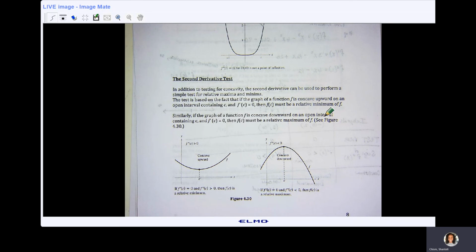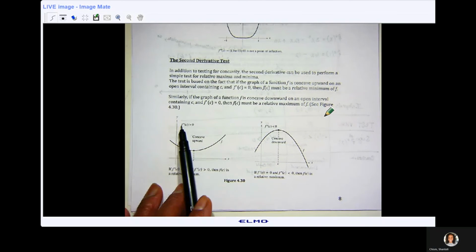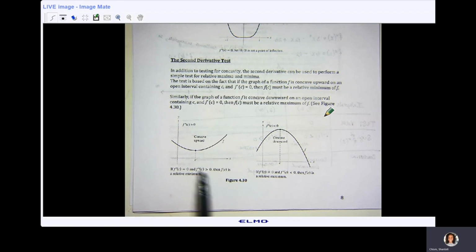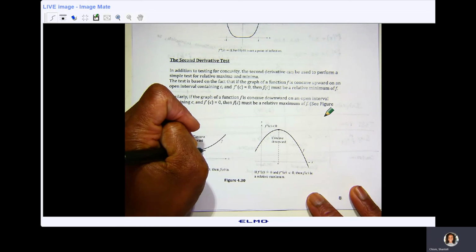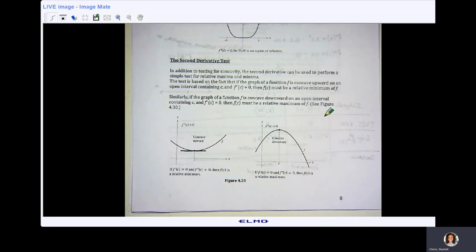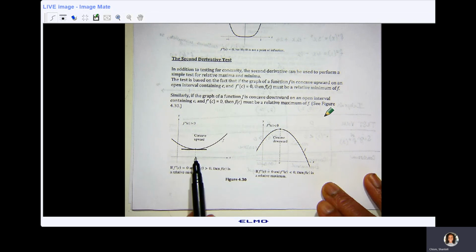Okay? So when you have a function that is concave up, where f double prime is positive on some interval, then that means there must be a relative min. So concave up means your tangent line will lie below the function graph, which means you would have a relative minimum there.